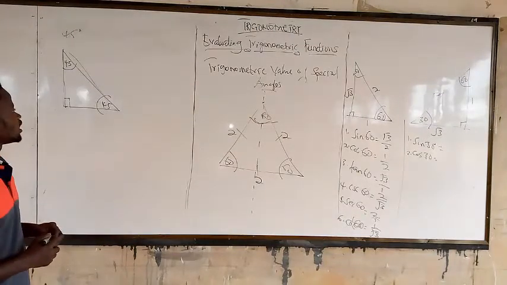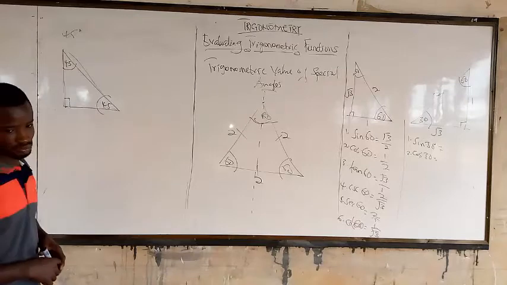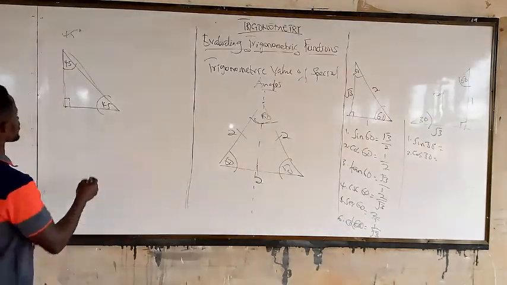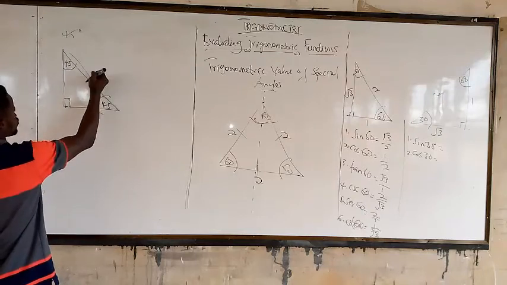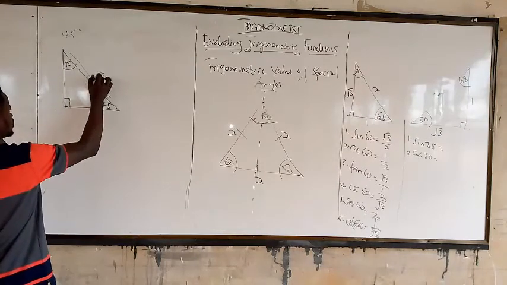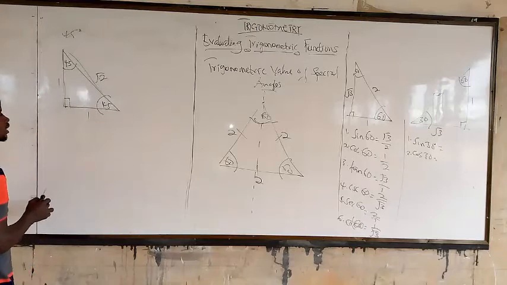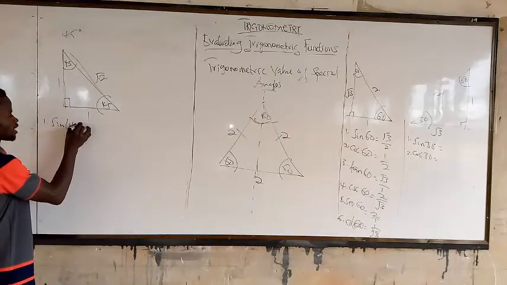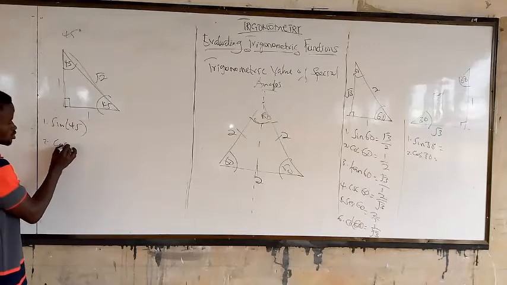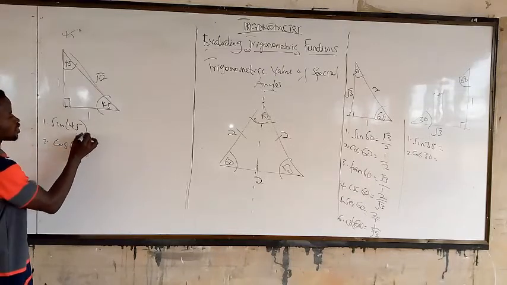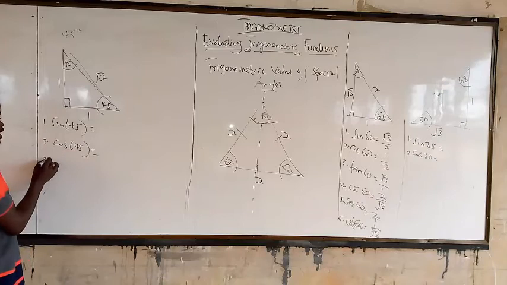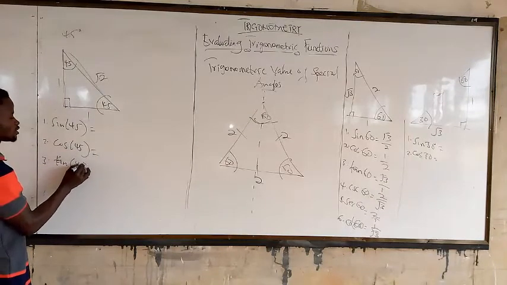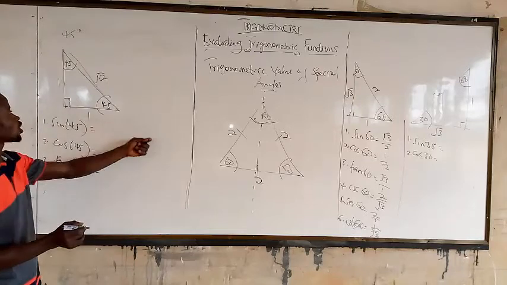So what are we going to do now? Okay, with that, we are going to set here to the square root of 2, and the other sides 1 and 1. Then let's go for sine 45, cos 45, tan 45 and the likes. I would like you to do that. Continue with it.